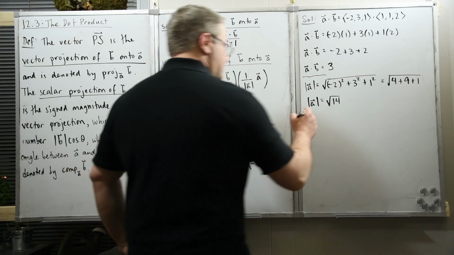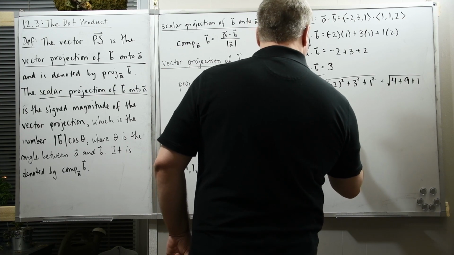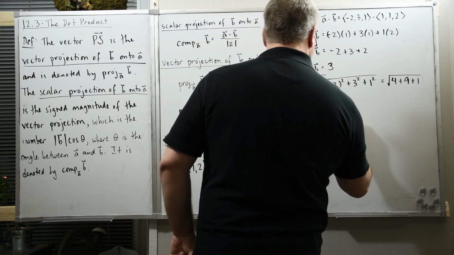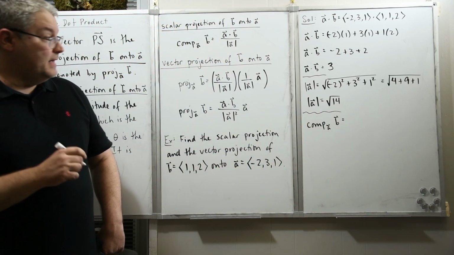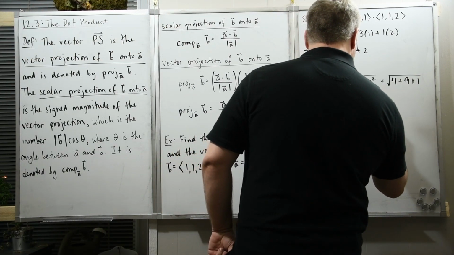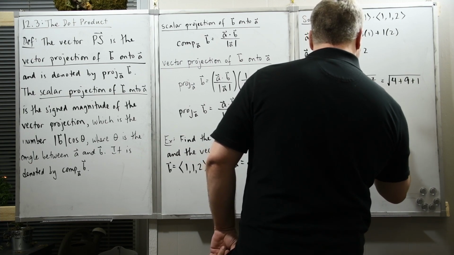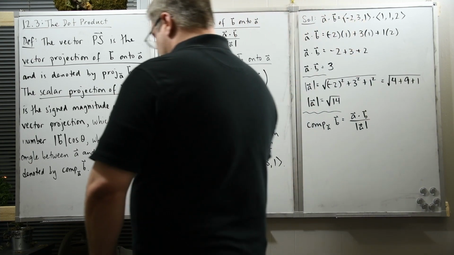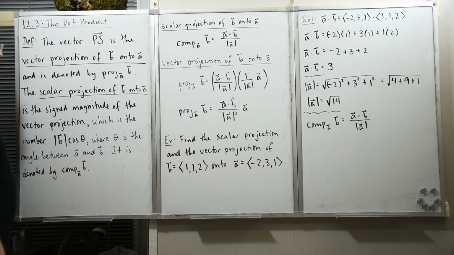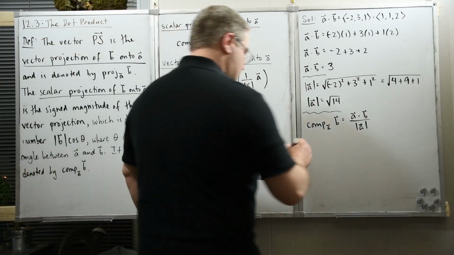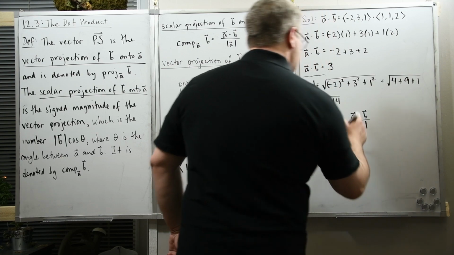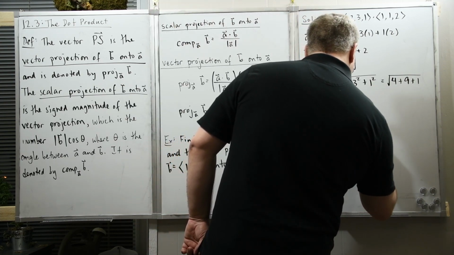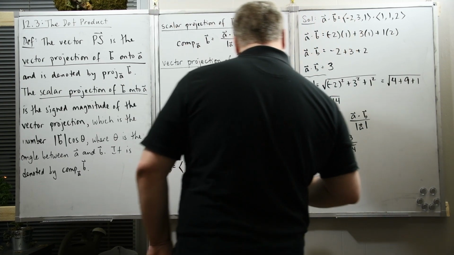Now we take a look. We have the scalar projection of b onto a, which is a dot b divided by the magnitude of a. Now a dot b is 3, and the magnitude of a is the square root of 14.